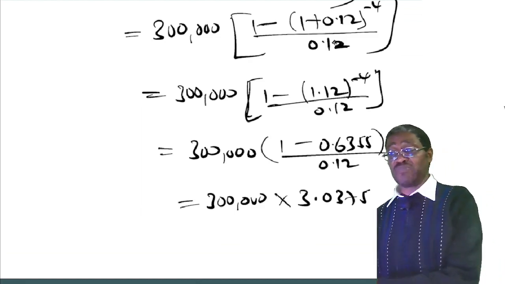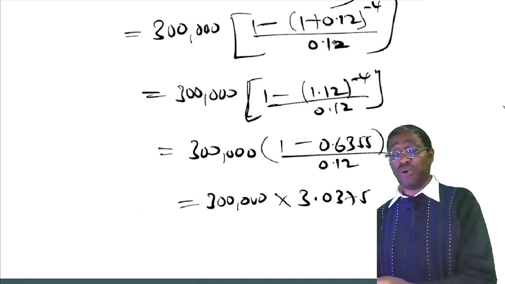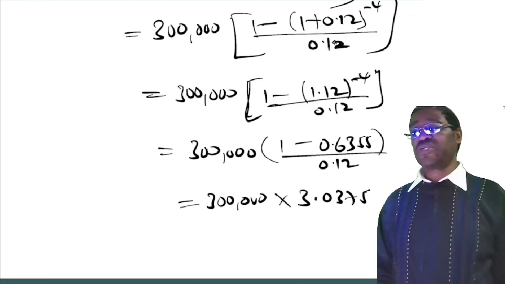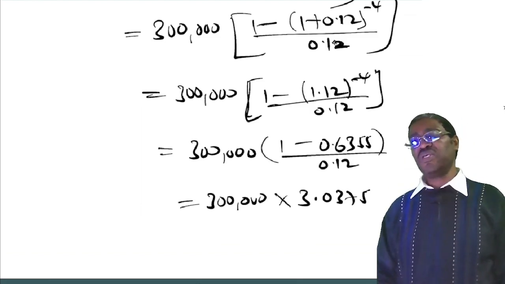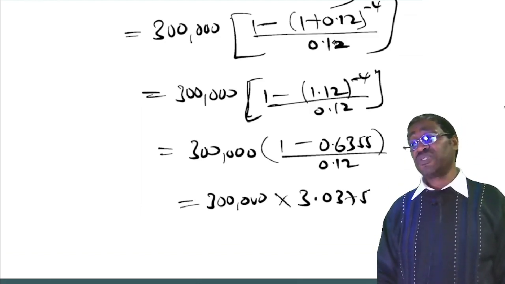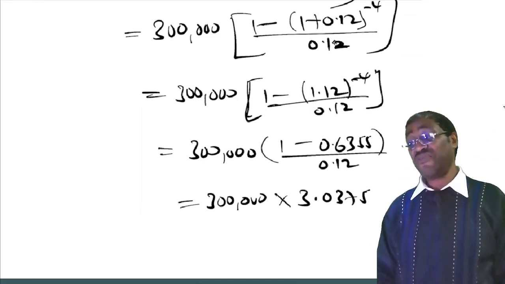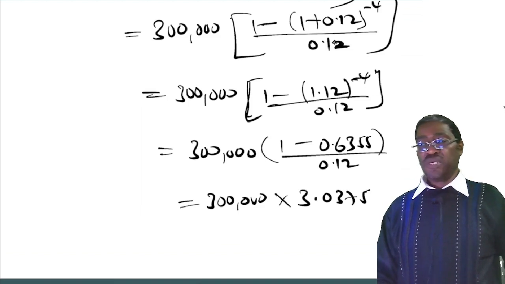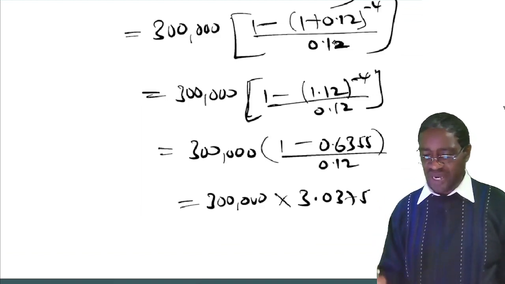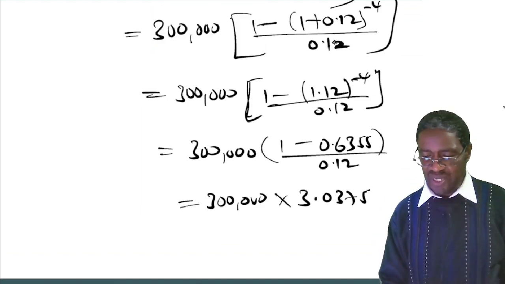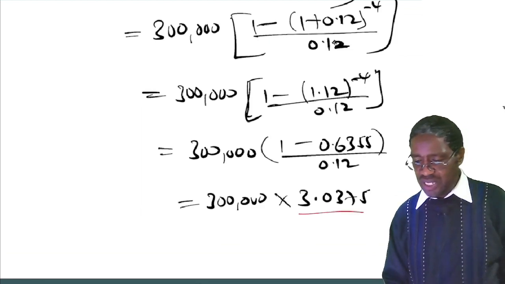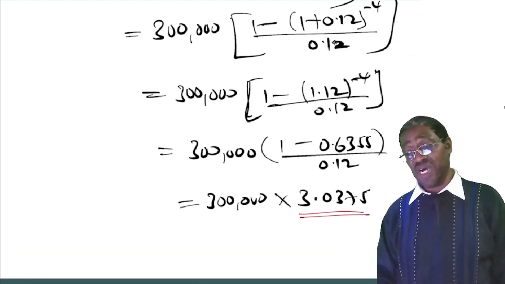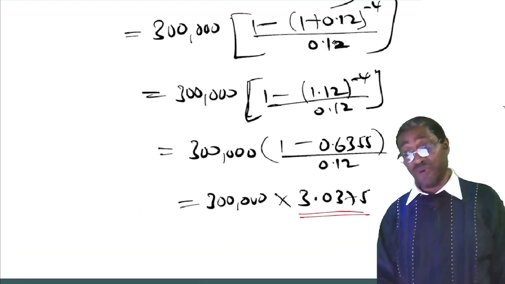Remember, I've rounded the power of negative 4. The figure was longer, but I rounded it to 4 decimal places to become 0.6355. But now, listen. This is the discounting factor. The discounting factor is 3.0375 by using the formula.